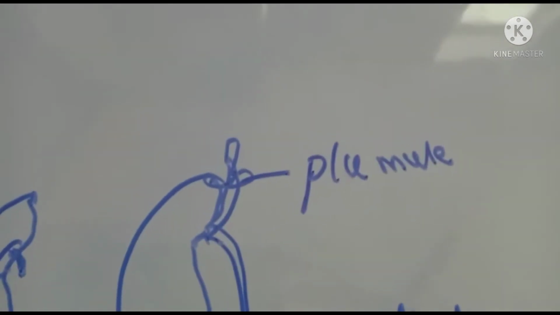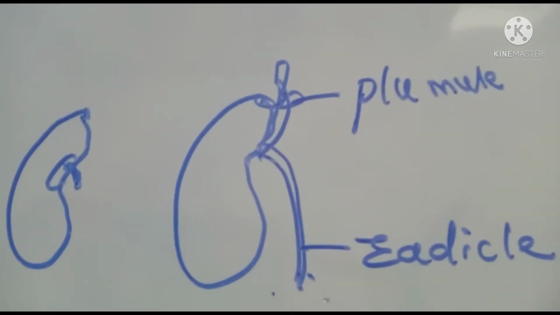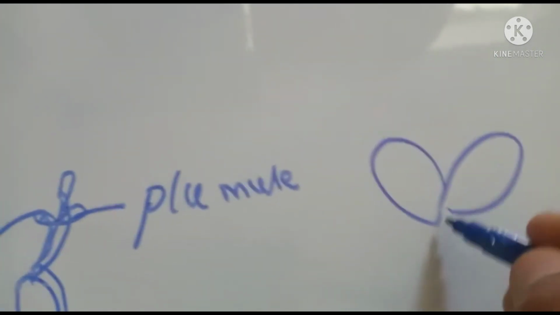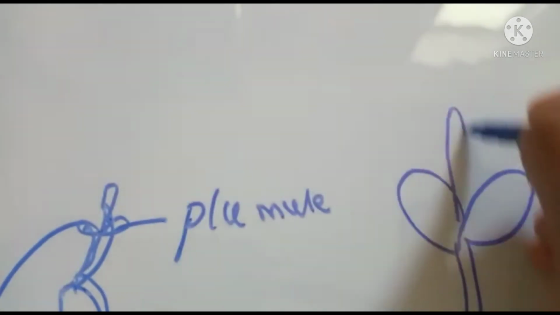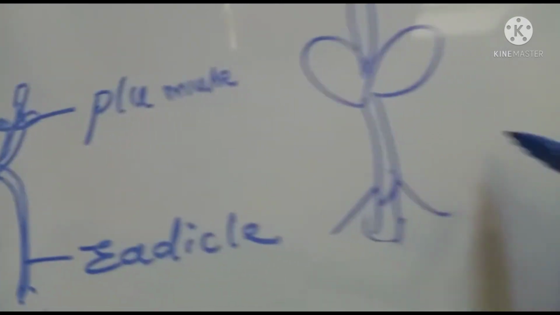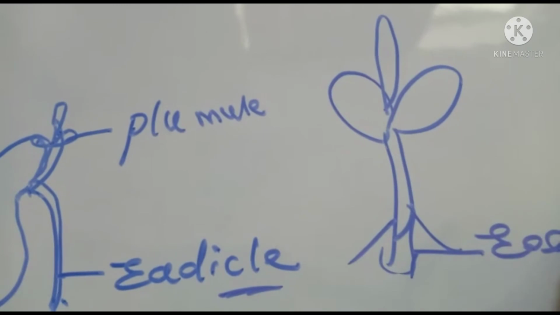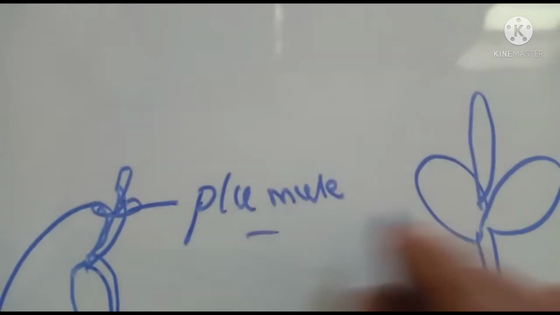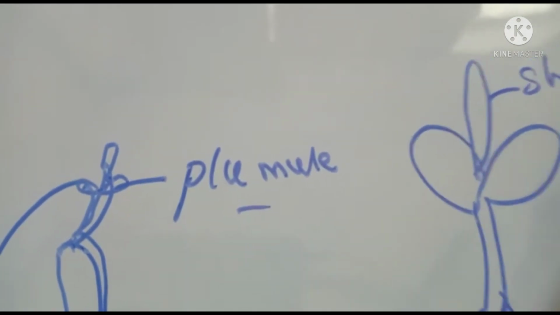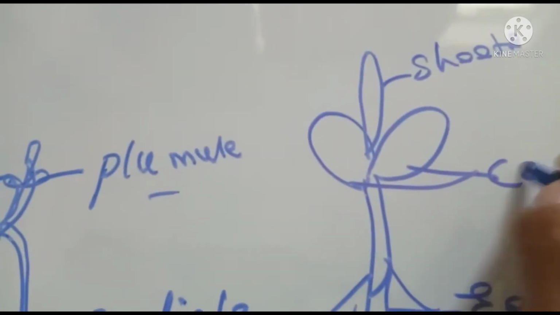After that, when this seed grows slowly, the structure is seen like this. These radicles are converted into roots and this plumule is converted into shoot, and these two are cotyledons.